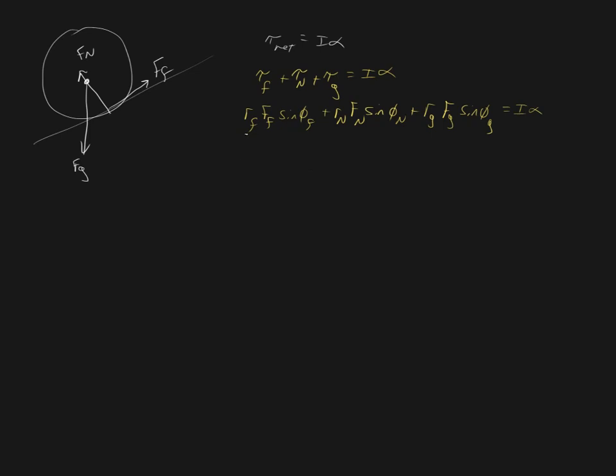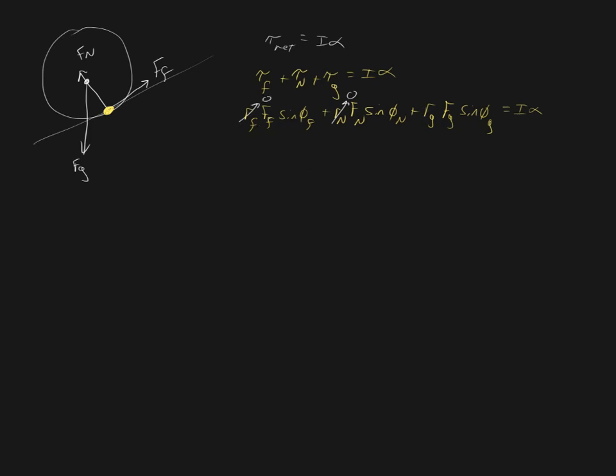Okay, now R, remember, goes from the axis of rotation to where the force is located. If this is going to be our axis of rotation, then the force of friction and the normal force both have a 0 R. And so that means this is 0 and this one is 0.